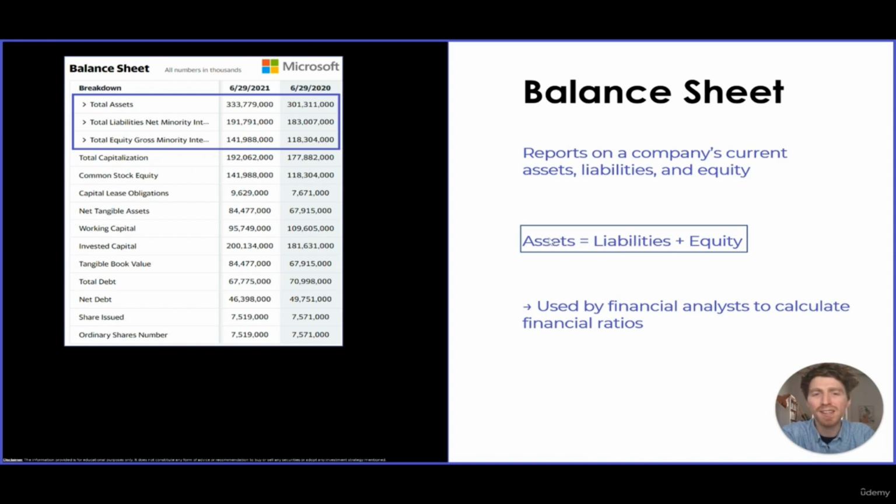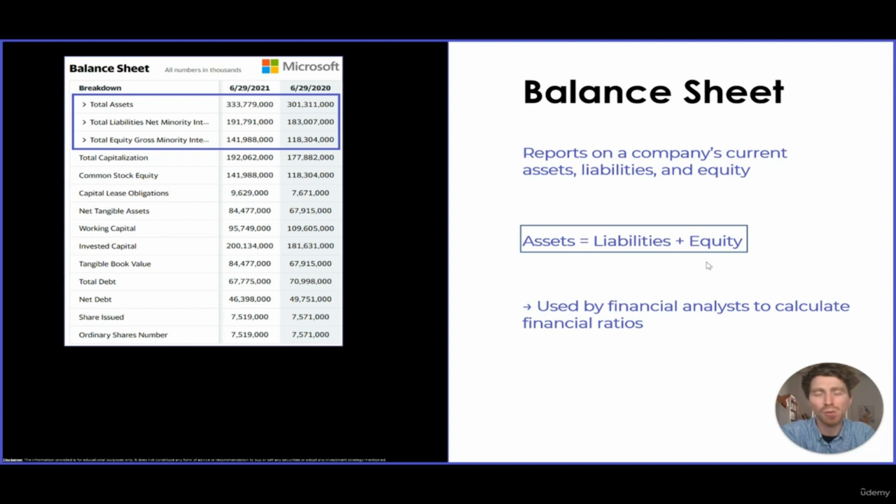But once the data center is up and running and happy Microsoft customers are paying money, their cash holdings and therefore equity is going up, and adding these two together equals the exact amount of assets they booked in the beginning. The balance sheet is often used by financial analysts to calculate financial ratios like return on assets or return on equity.